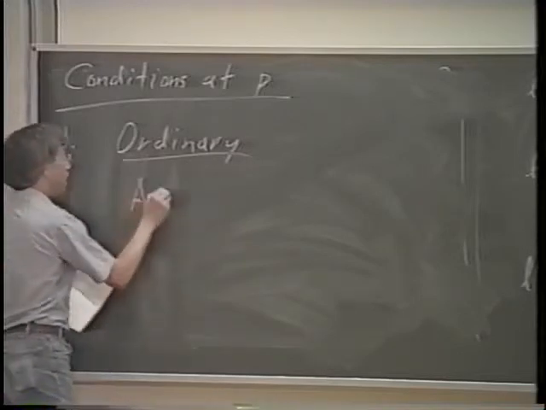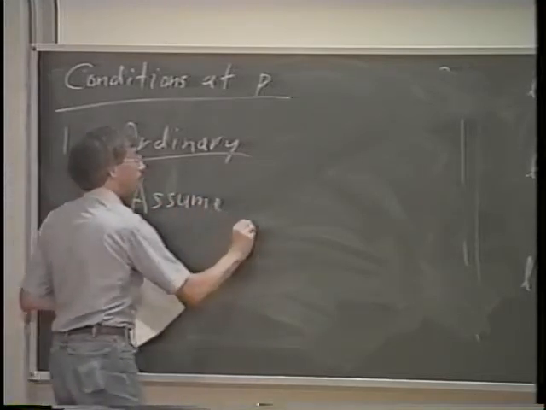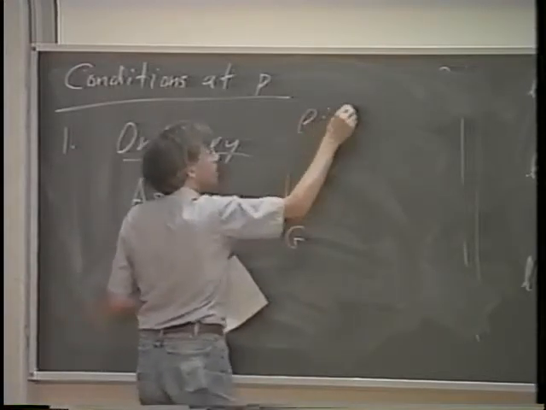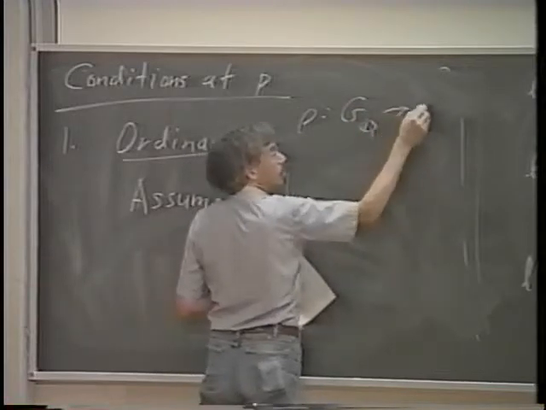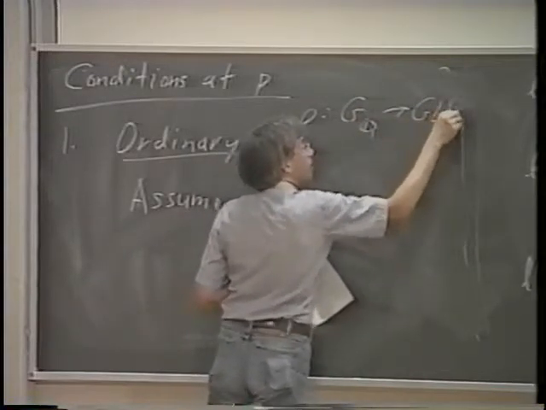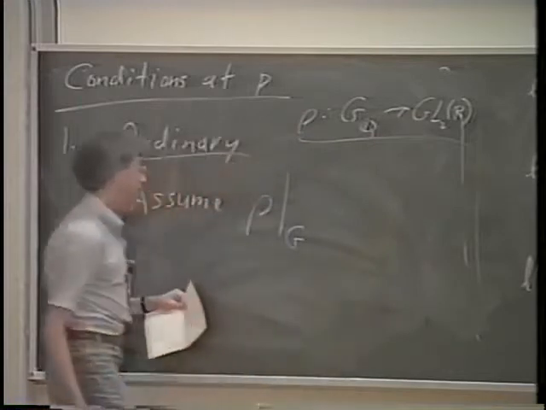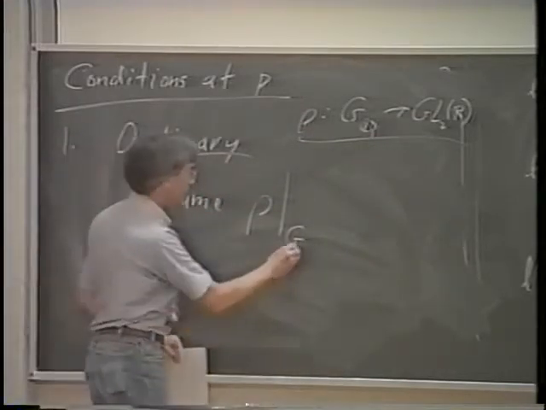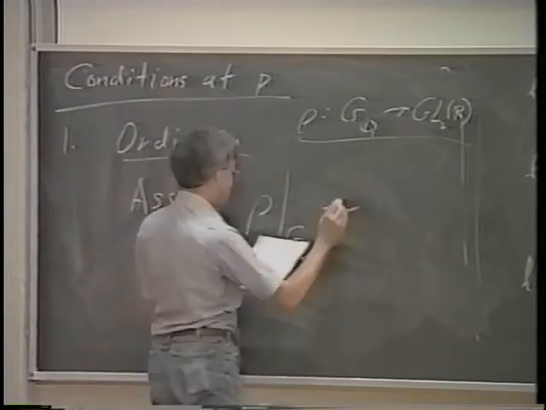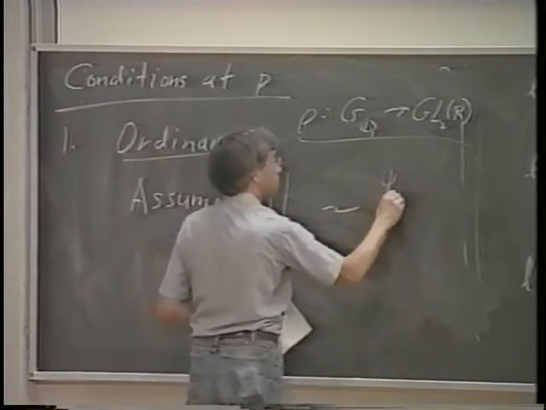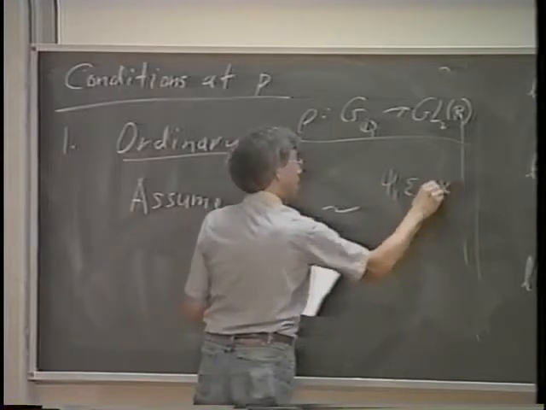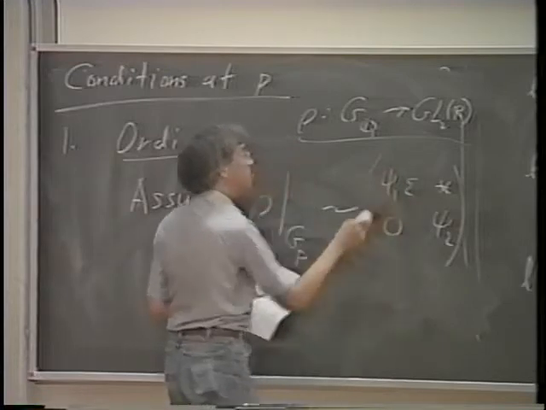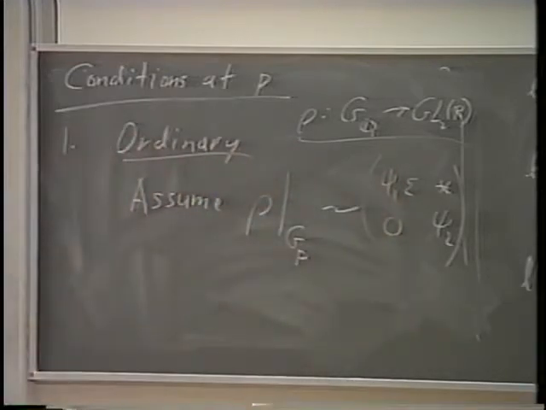So we're assuming that rho restricted to G_P, remember, rho is mapping G_Q to GL2(R), is equivalent to something in the form (psi 1 epsilon, star; 0, psi 2), where now epsilon is a cyclotomic character, not the infinitesimal I had before.